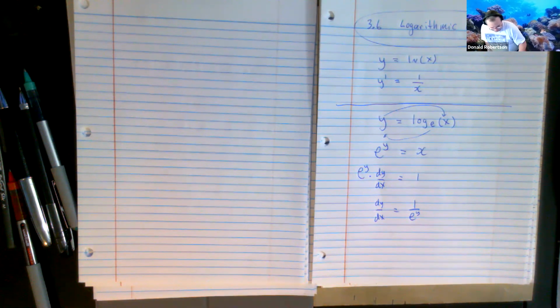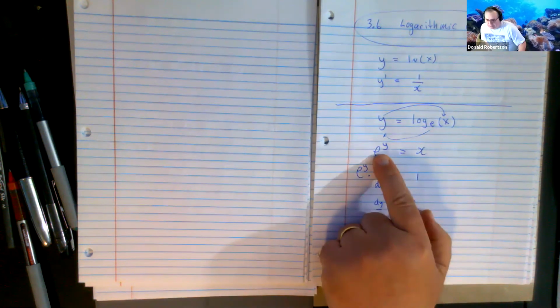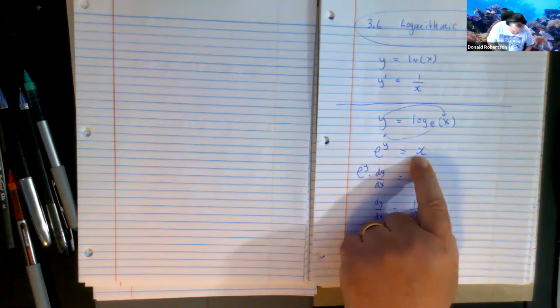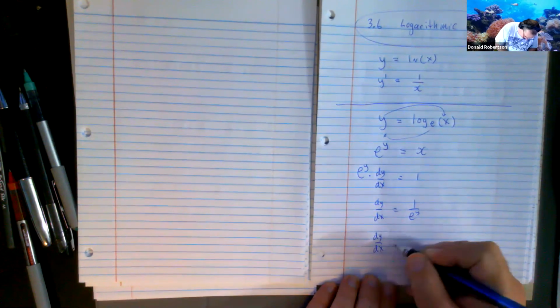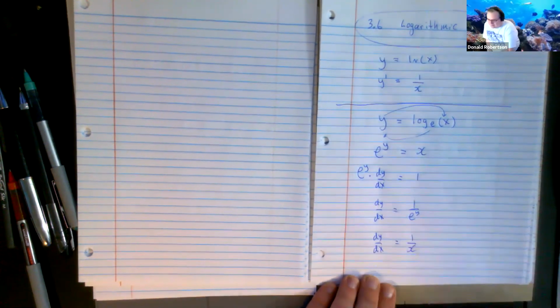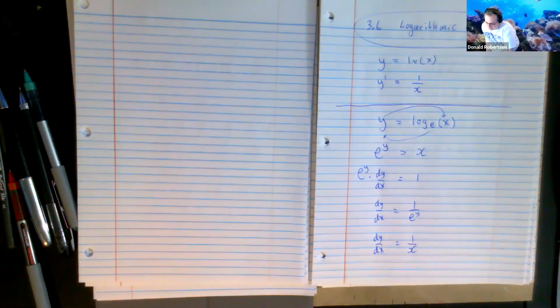But wait a minute, isn't e to the y equal to x? You happier now? That the derivative of a log, the natural log, is in fact 1 over x.